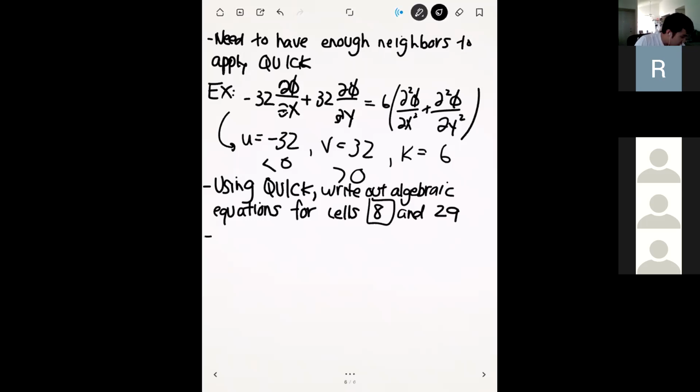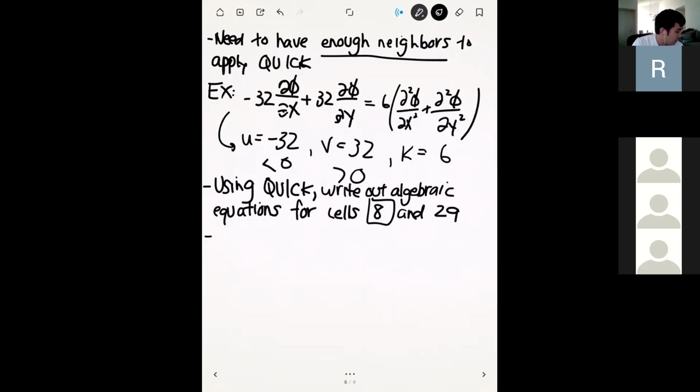Before we do that, there's one more order of business, relating to this top comment here. If we don't have enough neighbors for Clique, we need to decide what to do. If you watched the lecture from last week, you know that if we didn't have enough neighbors for the higher order finite difference scheme, we defaulted back to the basic central difference scheme.